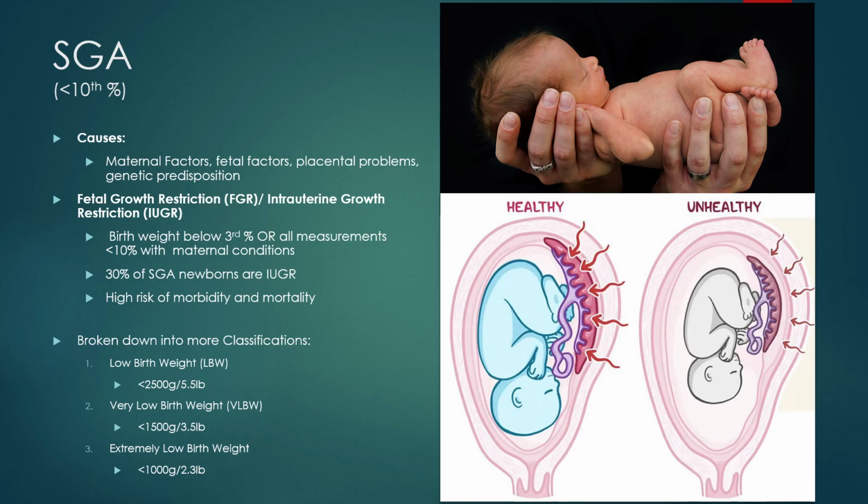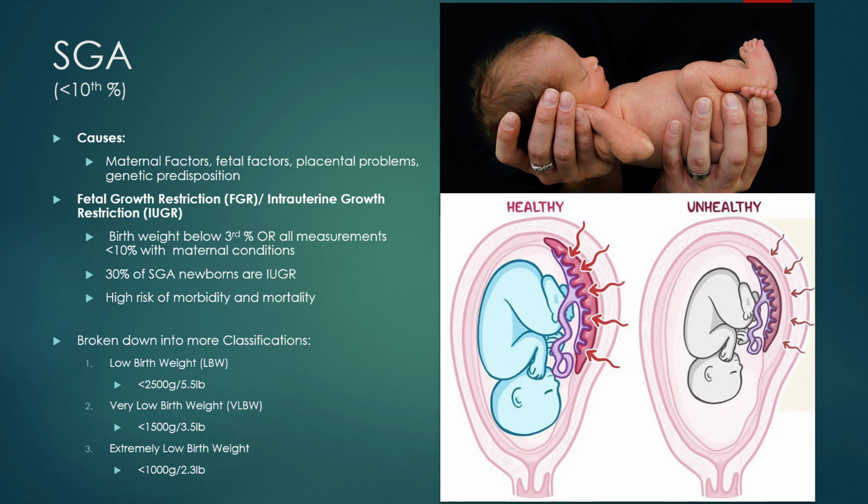Additional causes could be maternal factors like poor nutrition, substance abuse, hypertension, diabetes, and even anemia. But there can also be fetal factors that affect their growth. Maybe there's twins, maybe a triplet or quadruplet pregnancy. Anything that has less space for them to grow is going to prevent them from being giant babies.